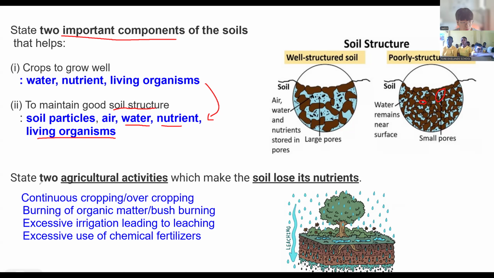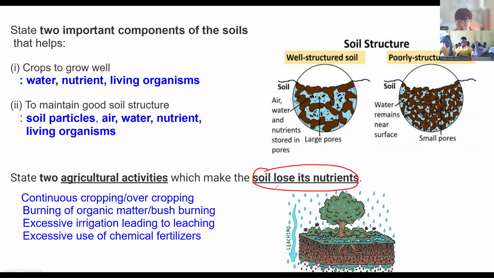Next question. It says to state two agricultural activities which make the soil lose its nutrients. We didn't talk about this, so that is why I'm giving you some examples now.